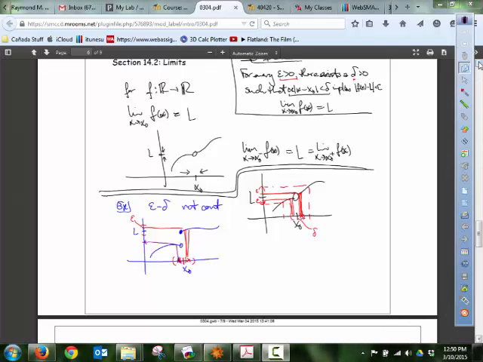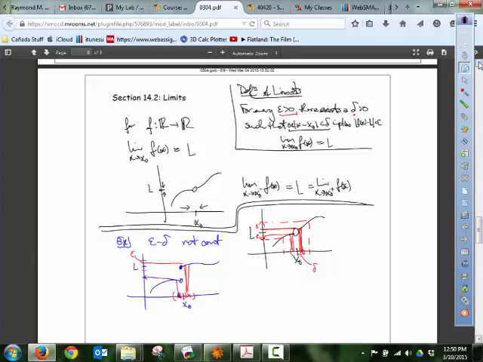We first introduced the definition of a limit using Calc 1 functions. And the definition of a limit involved this thing called epsilons and deltas.